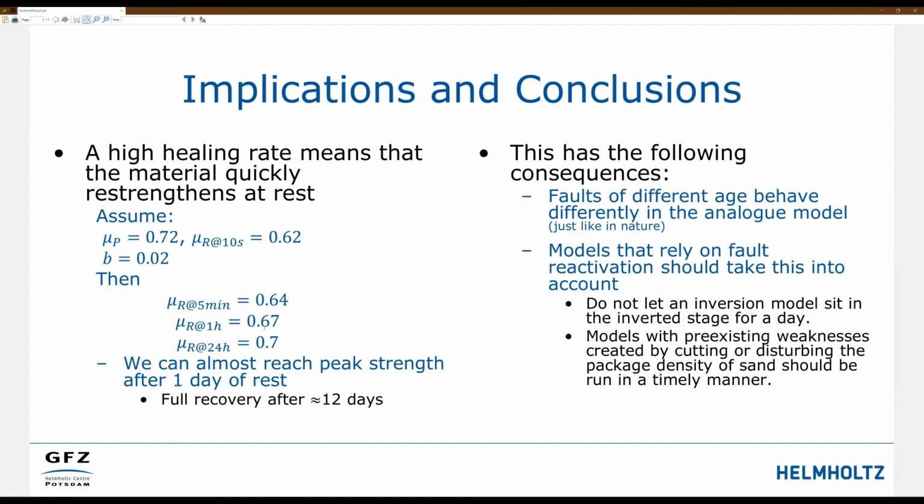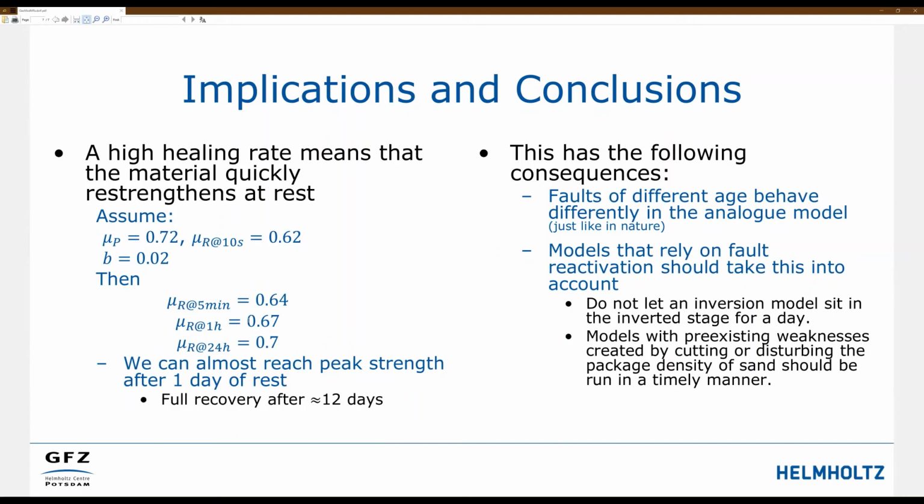So after 1 day of rest, so if you expand your model and you reload the model on the next day because you did something else, then you can encounter different results than if you would reactivate your model within a few seconds or minutes. So this can have quite a strong effect.